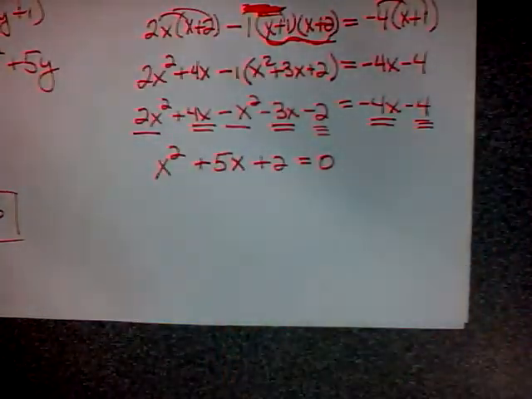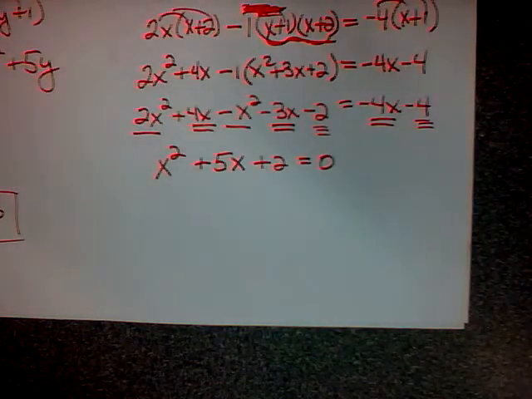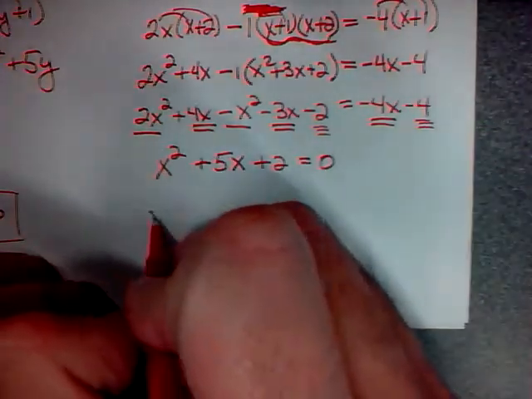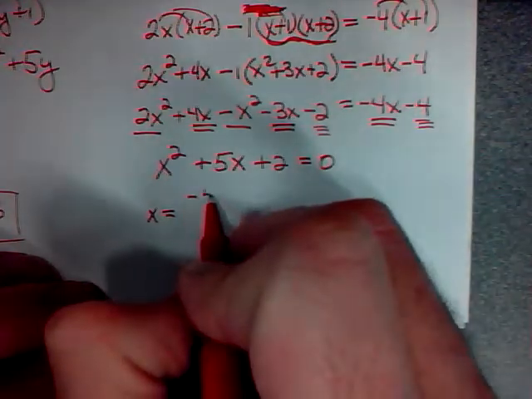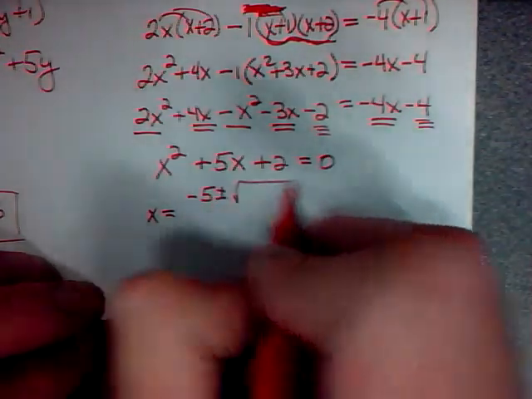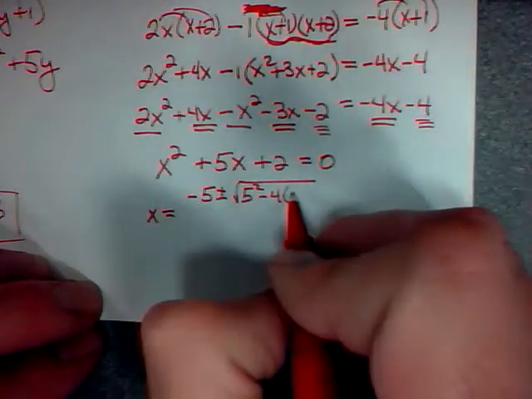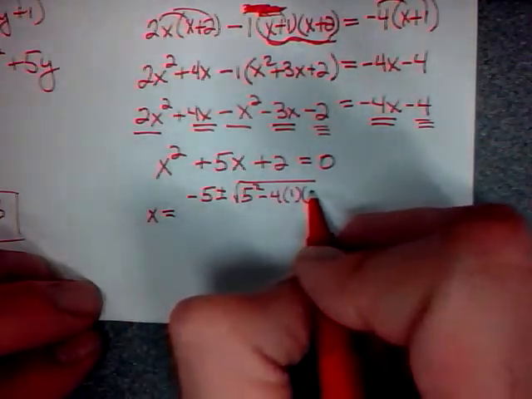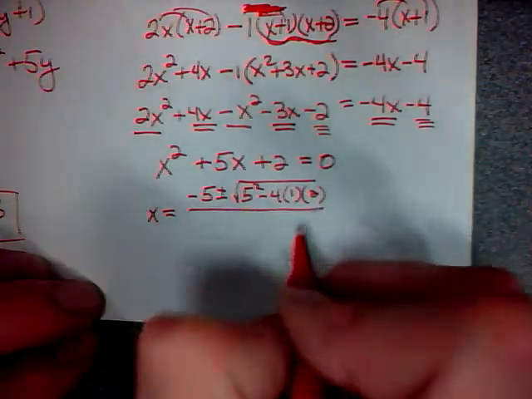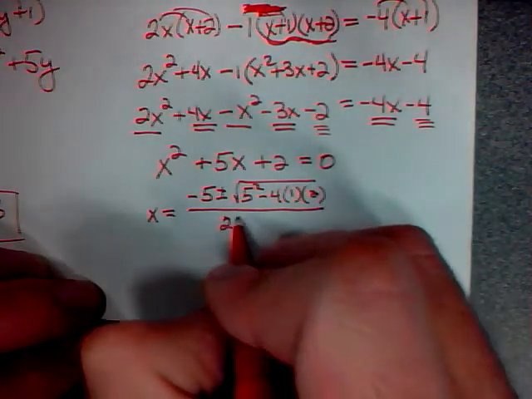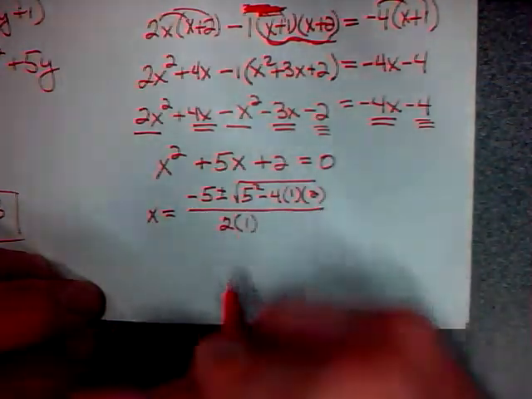so it looks like we have the quadratic formula. So using the quadratic formula, we have x equals the opposite of b plus or minus the square root of b squared minus 4 times a, which is 1, times c, which is 2, all over 2 times a, and a was 1.